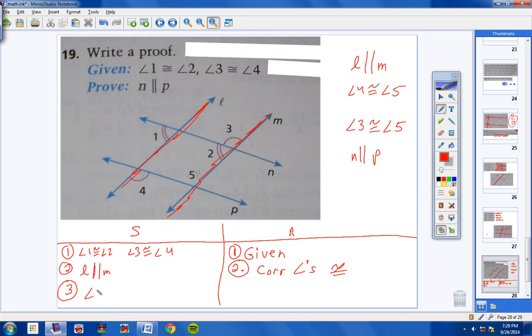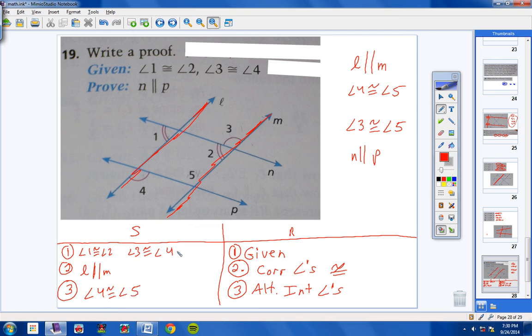And then after I state that L is parallel to M, I can then state that angle 4 is congruent to angle 5. And how can I state that? Because angles 4 and 5 are alternate interior angles, okay? And then after I state that, look what I have so far in my proof, students. I've got 3 is congruent to 4 and 4 is congruent to 5.